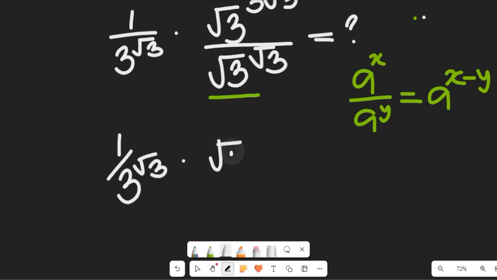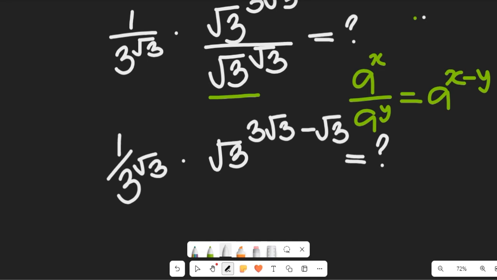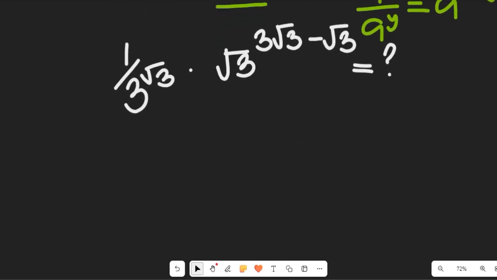Root 3, right, which is a common term, will be to the power of 3 root 3 minus root 3. And this will give me the expression I'm looking for. Good. Now from this point, I want us to do something.